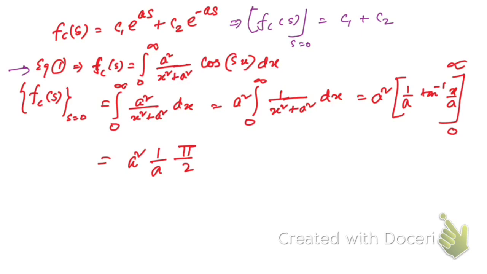So a cancels a square, then we should get a pi by 2. That is what we will have. And from this relation we should get that c1 plus c2 is equal to a pi by 2. So this is one equation.